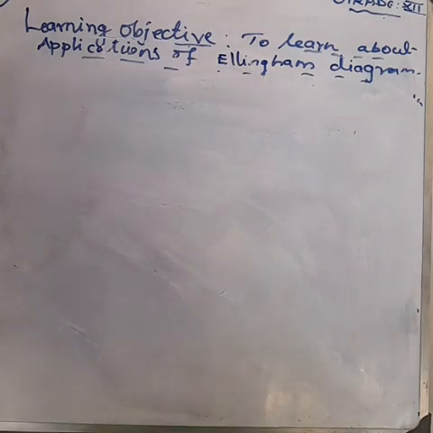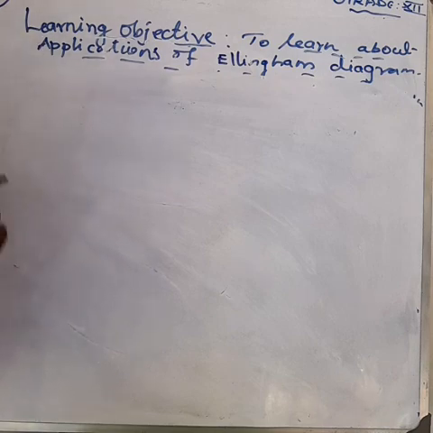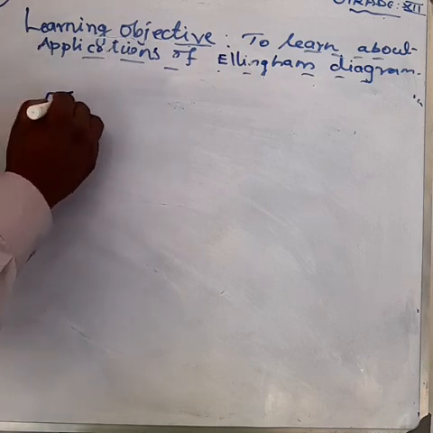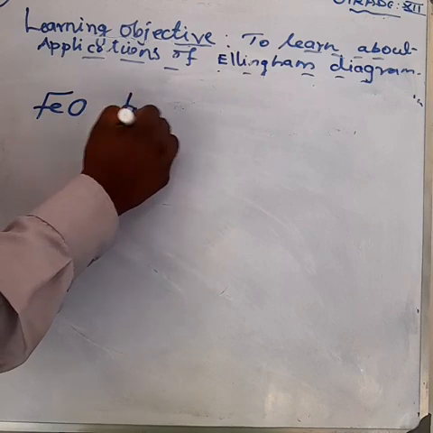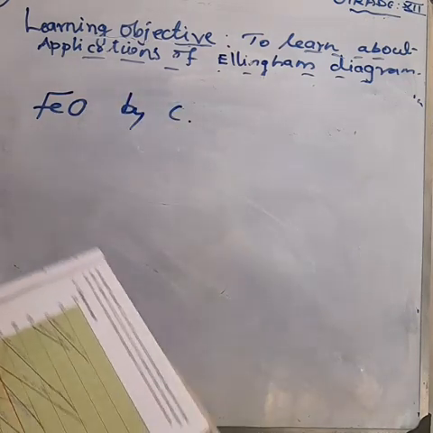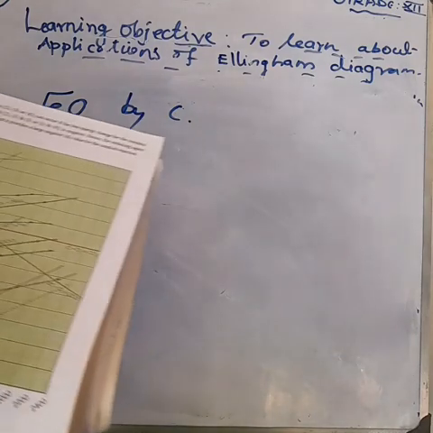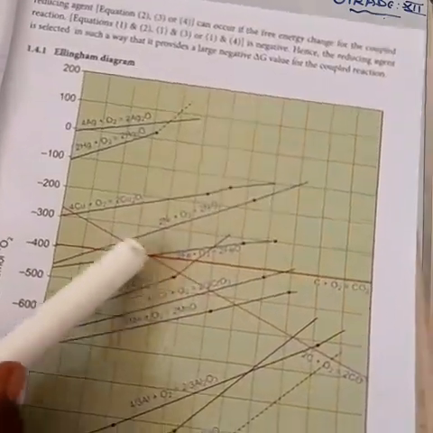Here, what is the favorable condition for the reduction of iron oxide by carbon? In the Ellingham diagram, the formation lines of iron oxide and carbon monoxide intersect. Here they intersect, okay.